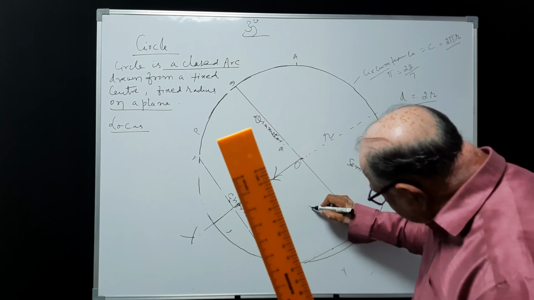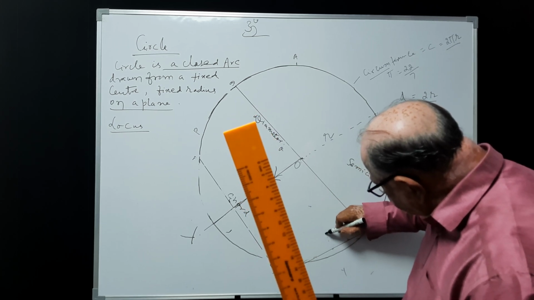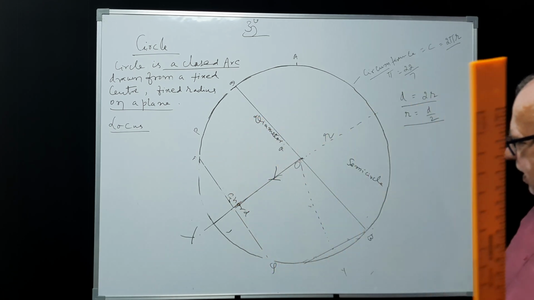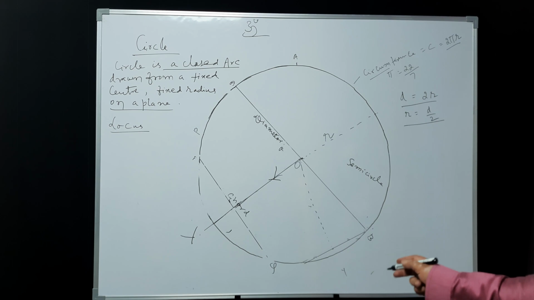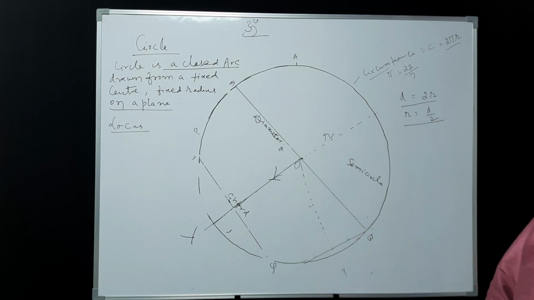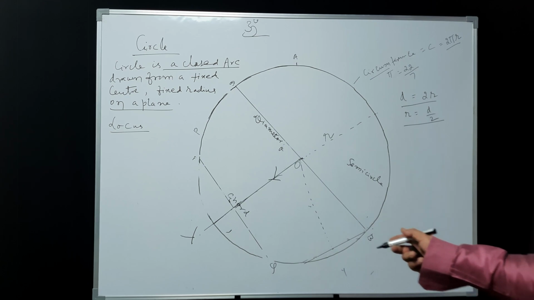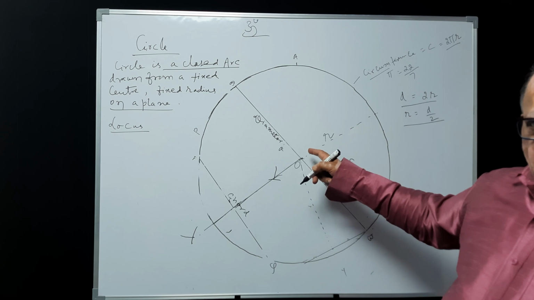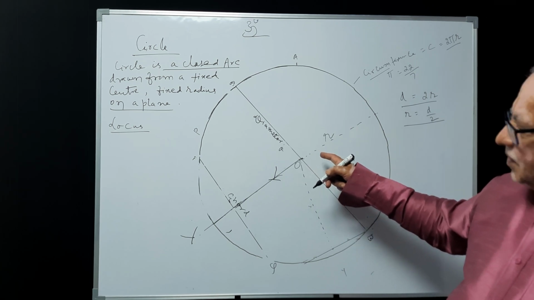If you draw two arcs and join them, you will see it will pass through the center of the circle. That means, where do the perpendicular bisectors of chords meet? You can easily say the perpendicular bisectors of chords meet at one point, that is the center.